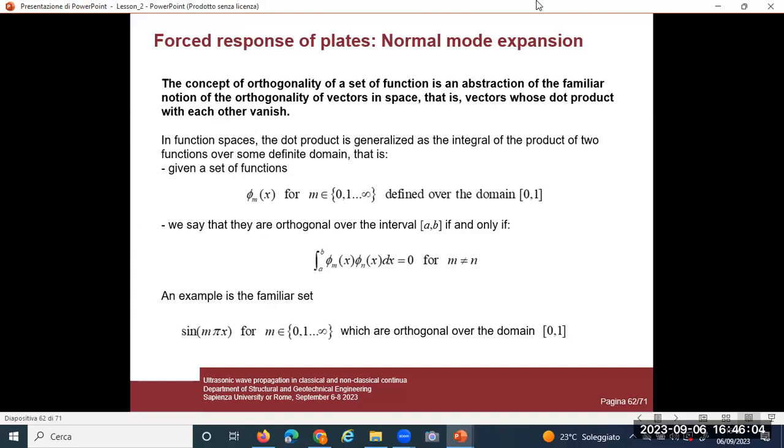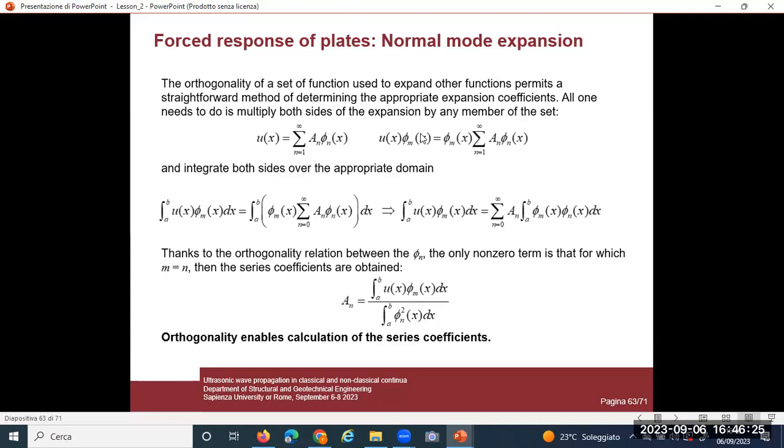How is it feasible? You know that wave modes, which I wrote here like phi sub m, are this function. They satisfy these orthogonality conditions.